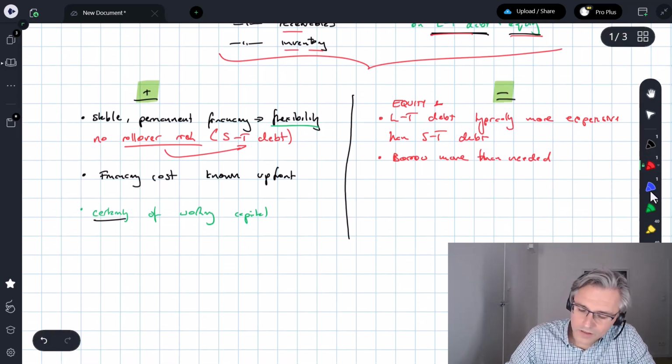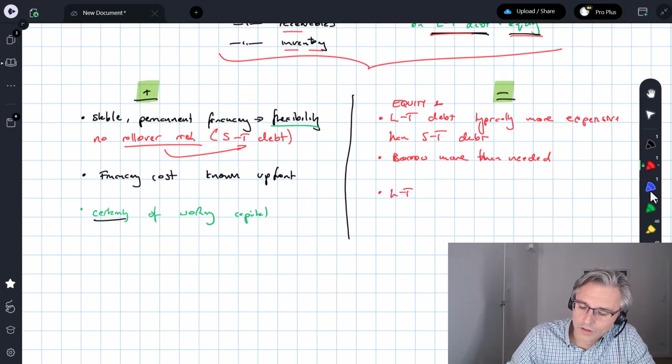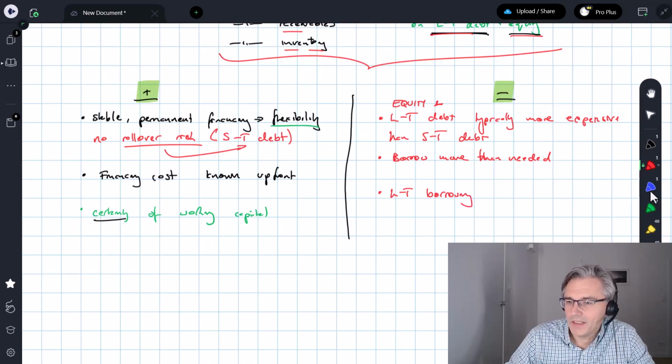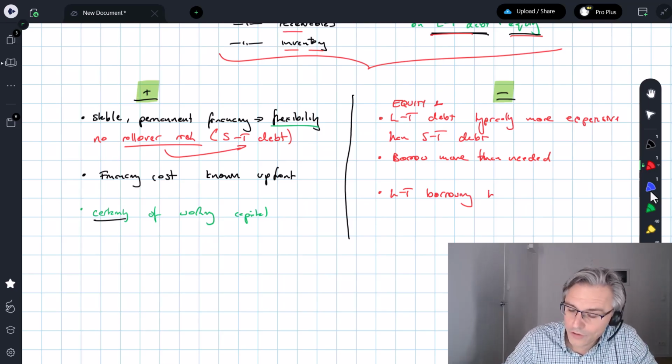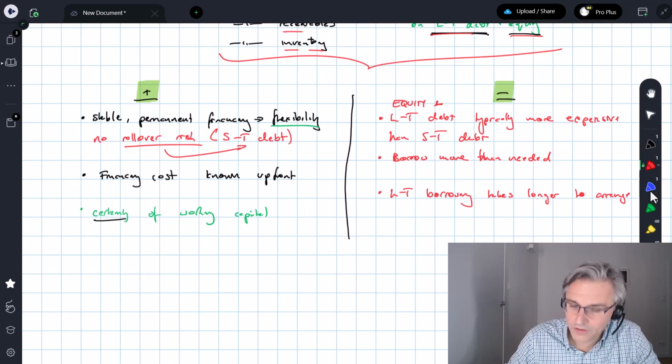Now, also, longer-term funding or longer-term borrowing is more complex to arrange. It takes longer to arrange, so it's not necessarily something you can just do very quickly.